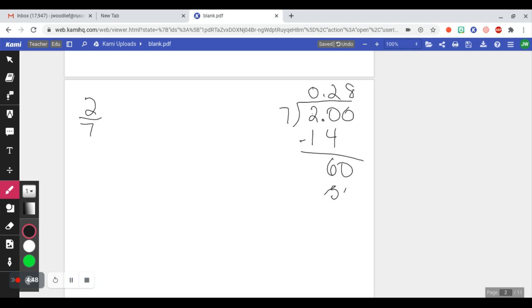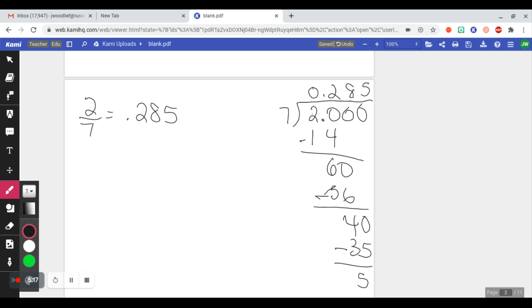That's 56. Subtract, we get 4. Add another 0. 7 into 40 is going to be 5. So that's 35. Subtract. Okay, and again, we can keep going, but we know that 2 over 7 is 0.285. Okay? All right, so that's a quick way to do fractions to decimals.